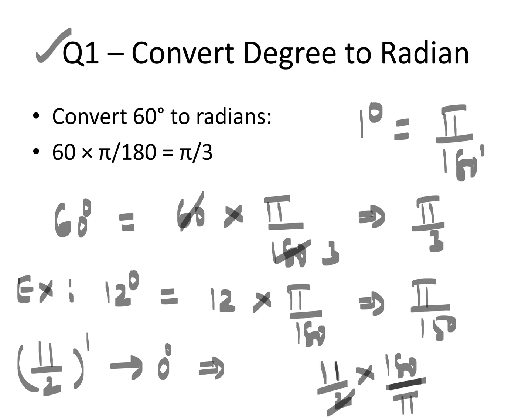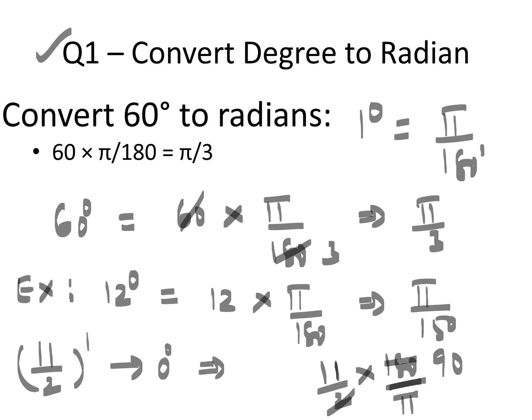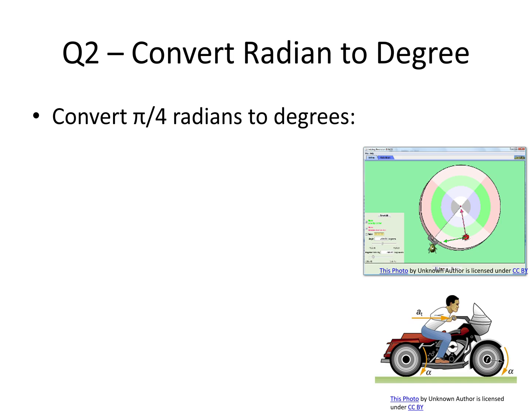So directly you can cut 2 times, and 7 comes to the top.